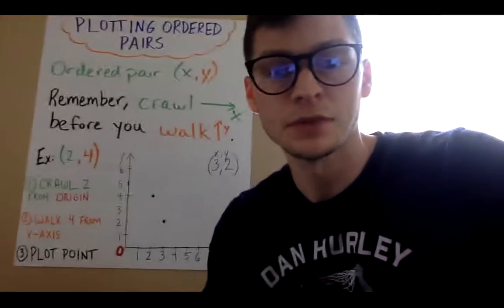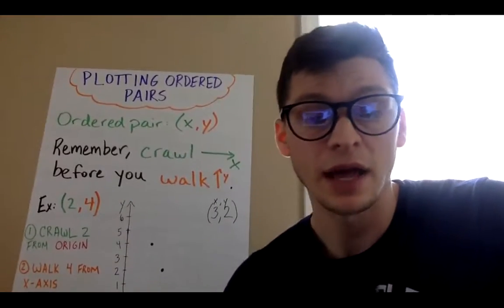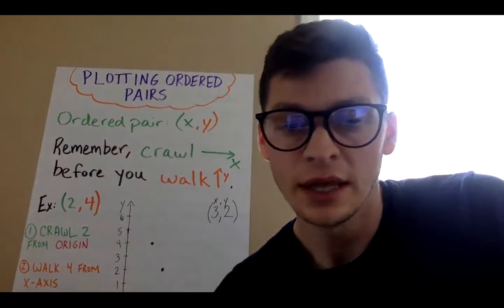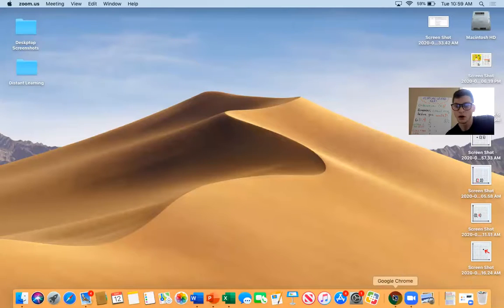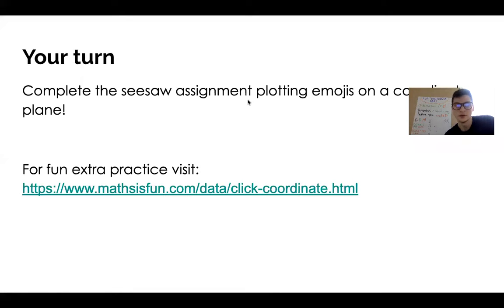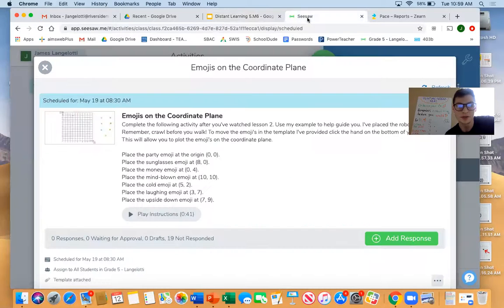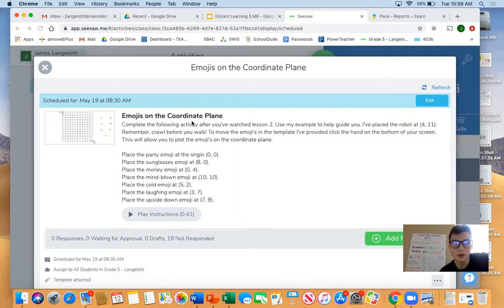So your job, after you've now watched this video, is to complete the Seesaw activity where you are plotting emojis on a coordinate plane. Let me just take you to that assignment so you can see it. Emojis on the coordinate plane. This has been assigned to you. Make sure you read or listen to the directions.